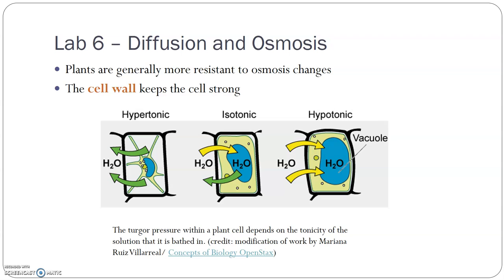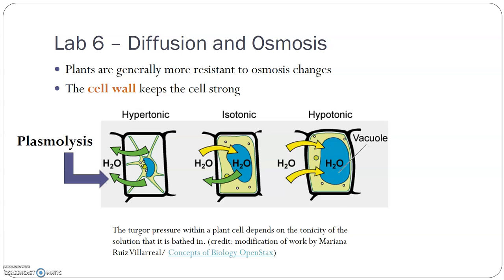For a plant, that is going to mean that the plasma membrane is going to kind of pull away from the cell wall and it's going to shrivel up inside, but the plant is not going to look as much different as an animal cell would. Isotonic, there's going to be movement of water, but no real change either way. And then in a hypotonic environment, again, the water is going to move to the higher concentration of solute inside of the cell.